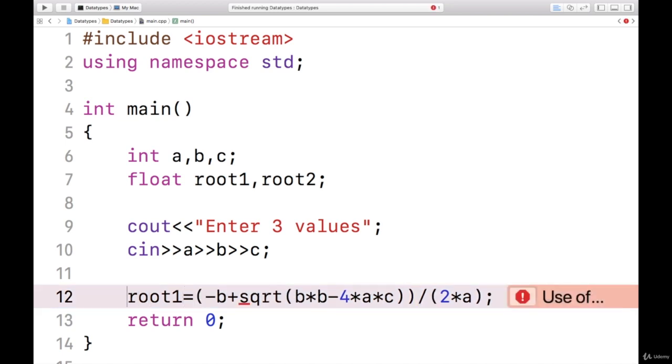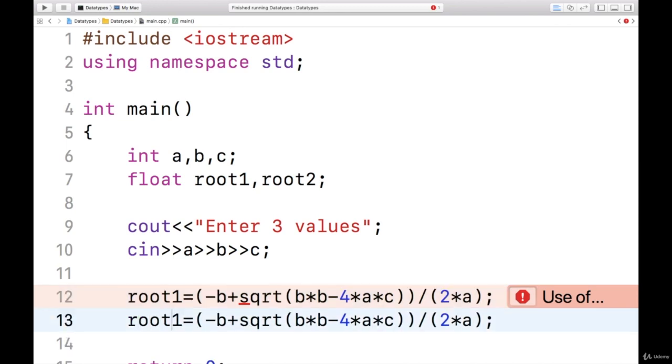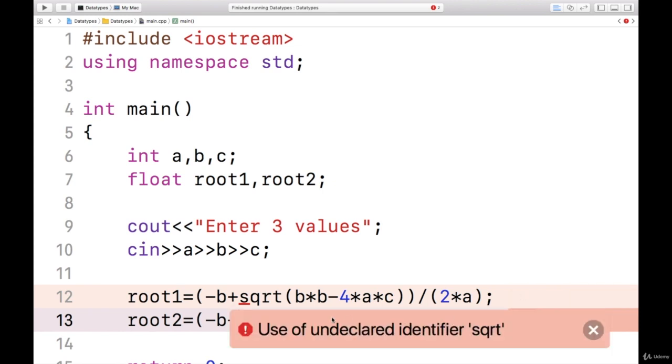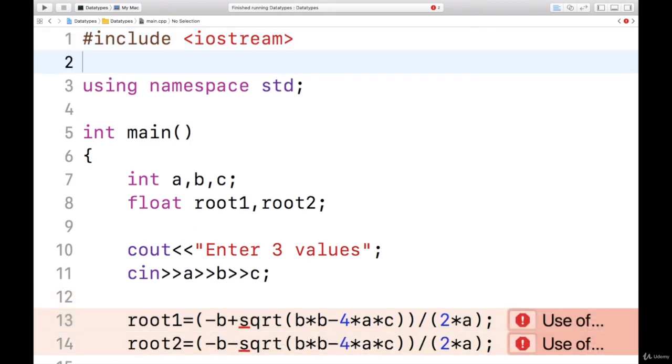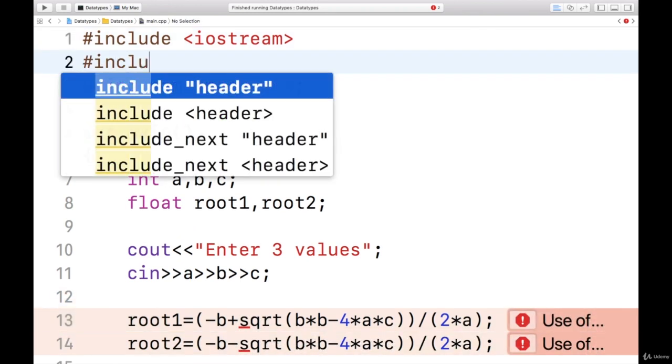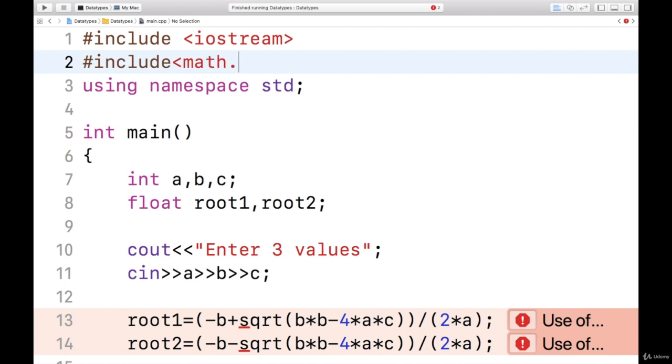Now same way I will find out the second root also, and the second root is with minus. Now let us see what is the error message I am getting here. The error message is use of undeclared identifier sqrt. So for that I should include math.h.